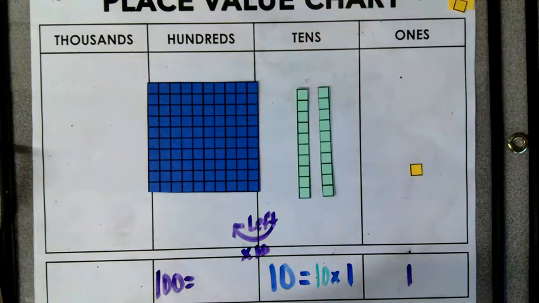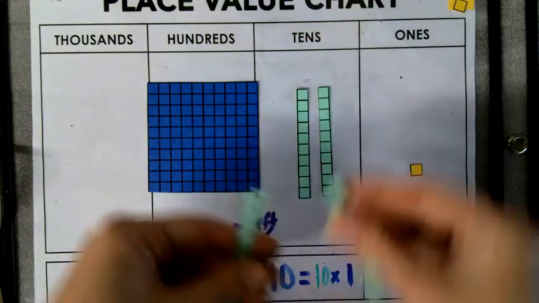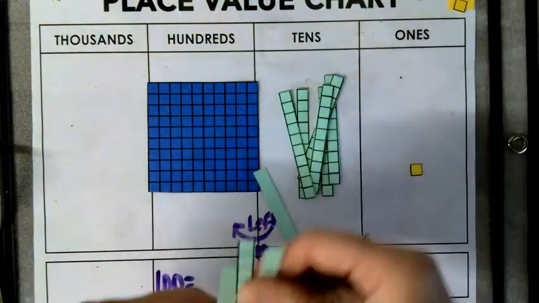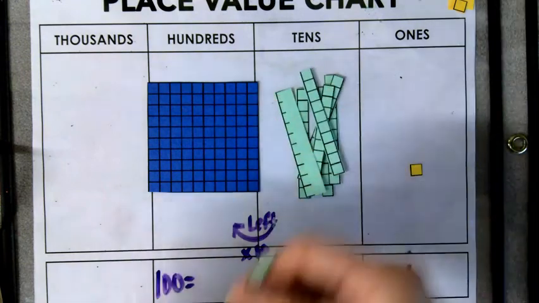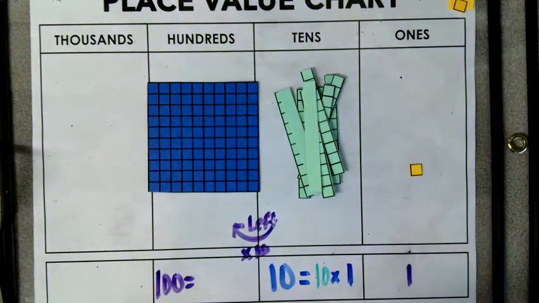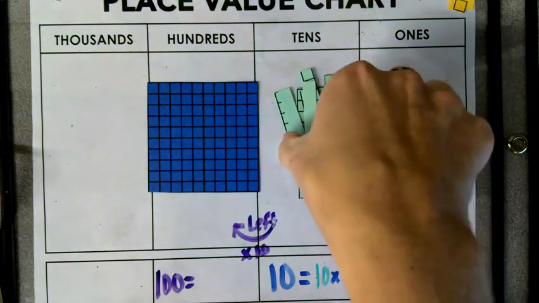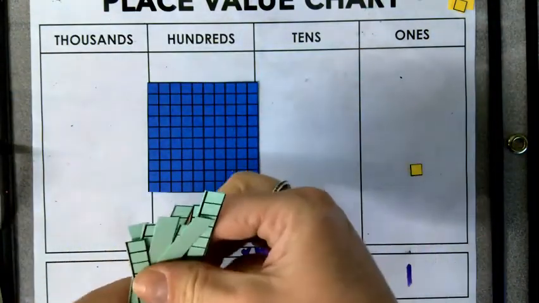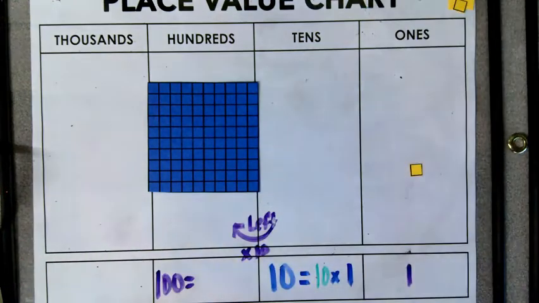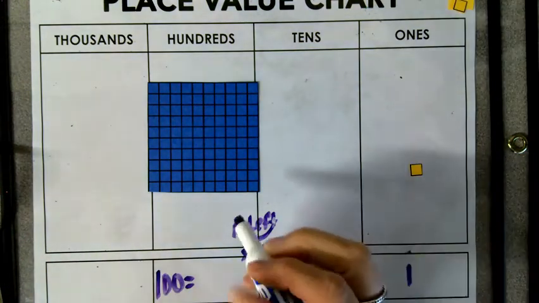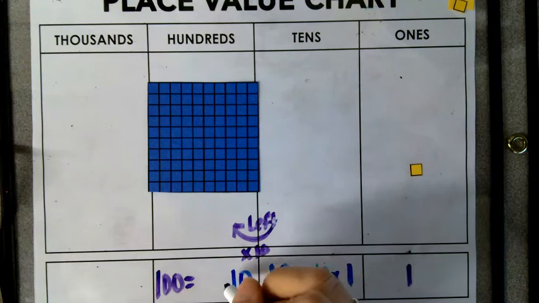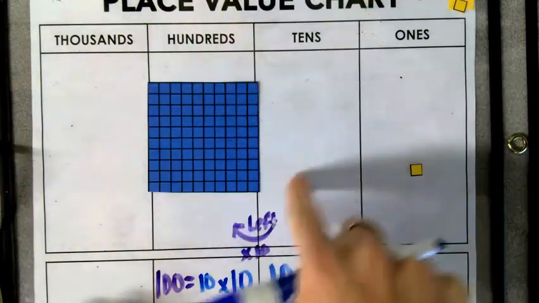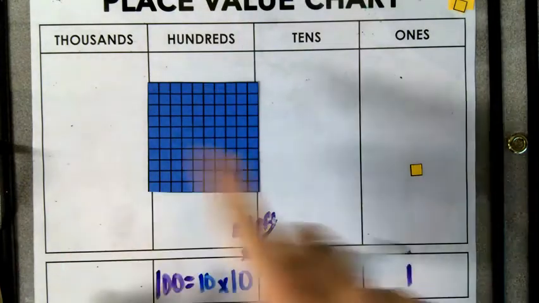So 1, 2, 3, 4, 5, 6, 7, 8, 9, 10. I have 10 of these to be able to trade them in for 100. So 10 times 10 equals our next place value of 100.